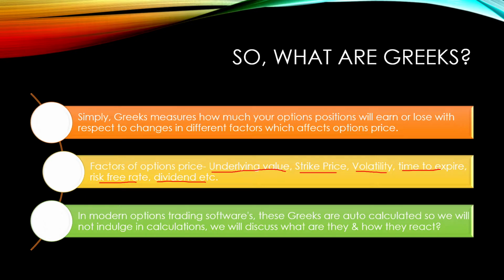So Greeks basically measure how the option price will change if any of these factors change. If I bought a call option and the underlying shoots up, how much the option price will change is told by the Greeks.